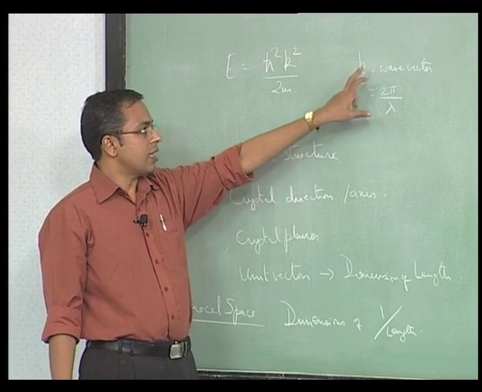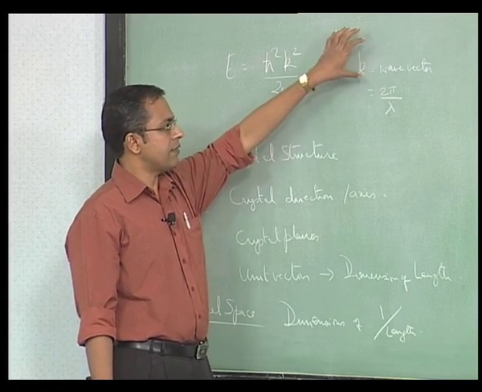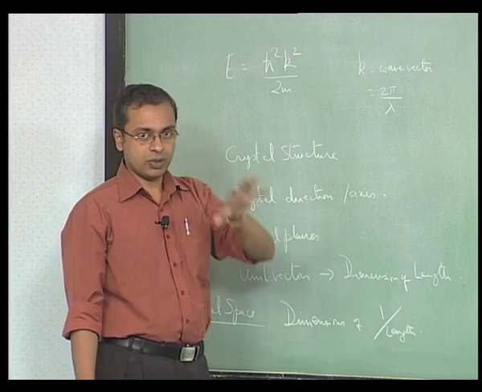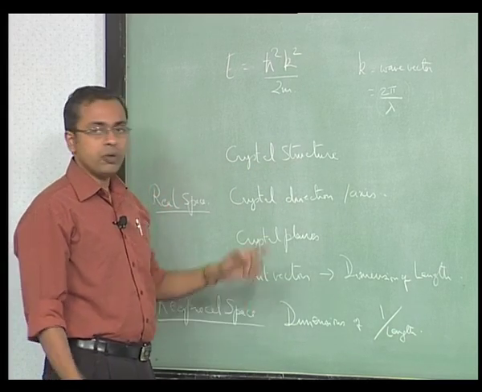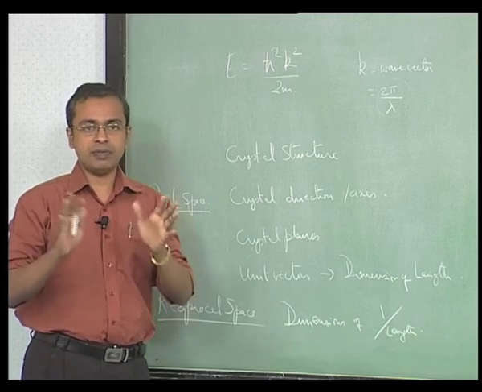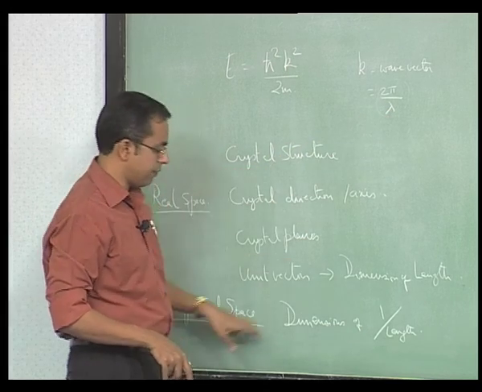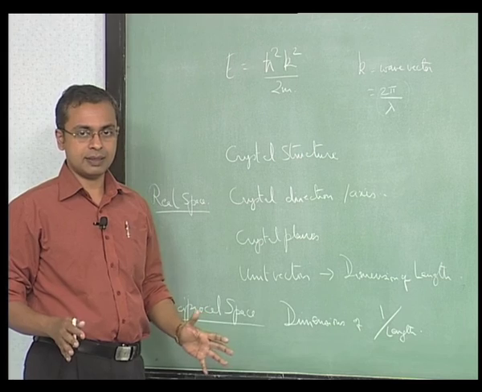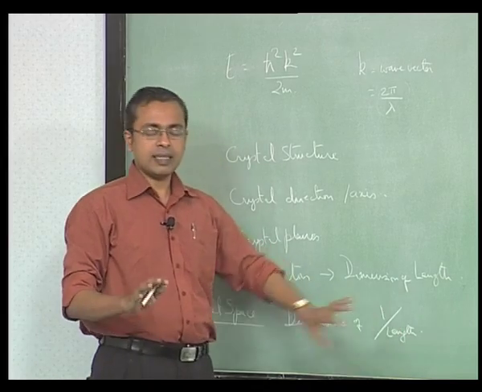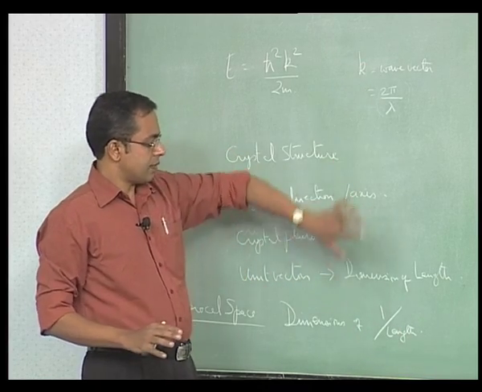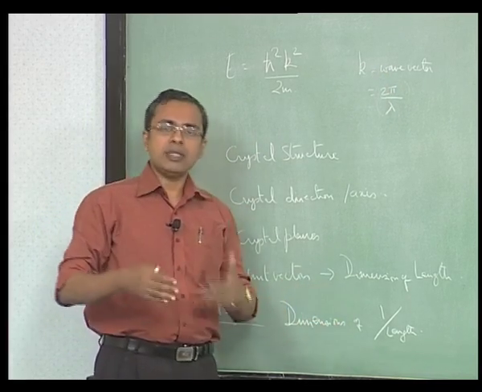So it may make it easier for us to relate things associated with the wave vectors of electrons running across the crystal structure to the crystal structure itself, if you use the same framework to describe both of them. The framework here is 1 by length, 1 by lambda. So it would help if we also defined the crystal structure in 1 by length dimensions. That is maybe a trivial way of saying it, but it conveys the immediate link between what we have done up until now and what we are planning to do. In reality it is much more than that.